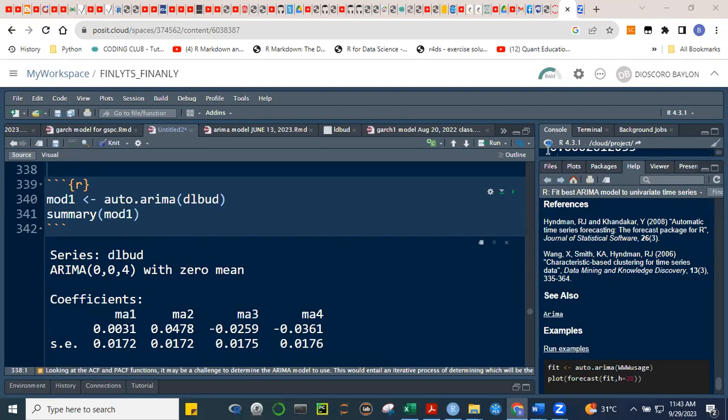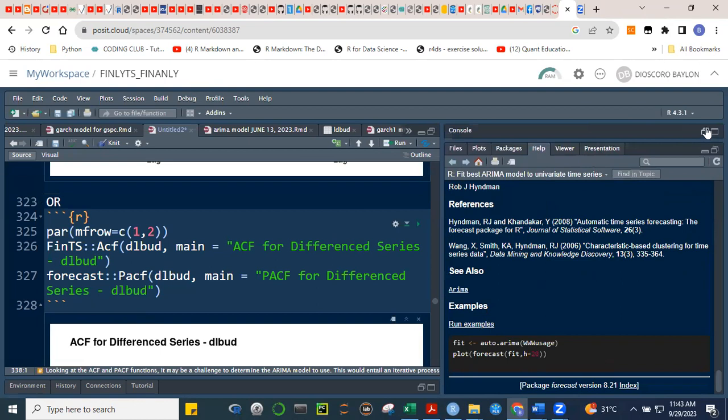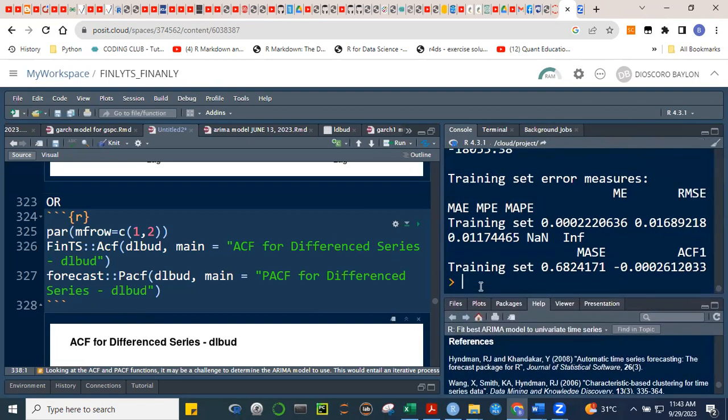Okay. Could not function. Anong gagawin yung class if you could not find the function auto.arima? Di pa kayo nag-library siguro. What do you do? Any suggestion? If you run auto.arima and it says cannot find, what do you do, class? Any suggestion?